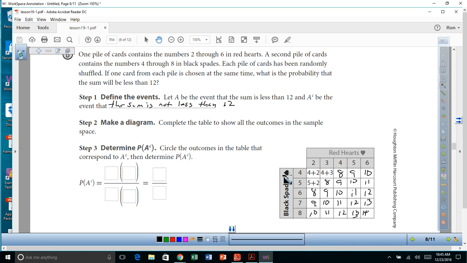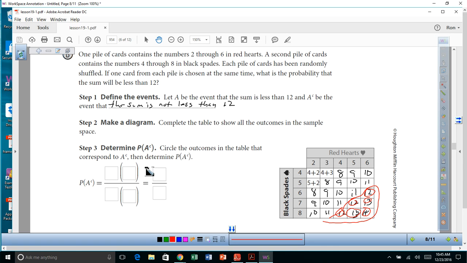All right, circle the outcomes in the table that correspond to the complement of A. And let's see, the sum is not less than 12. So that's going to be all of these here. Okay, so we got 1, 2, 3, 4, 5, 6.